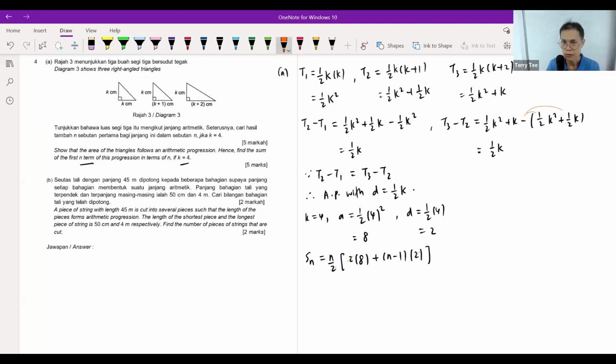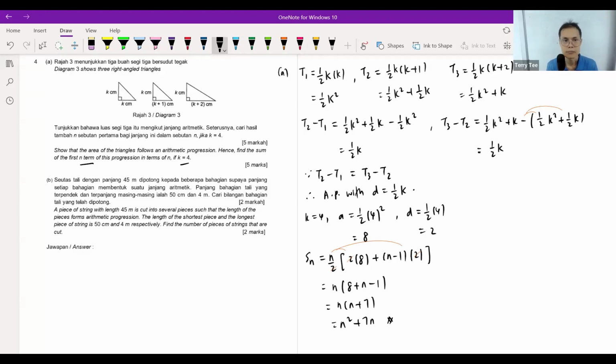I can times inside as well and cancel the second 2 over there. That makes my calculation easier. So this would be n with the 8 plus n minus 1. So 8 minus 1, that would be 7. I just put this at the back. Expand the bracket. You should get n squared plus 7n. Okay, that is your part A.